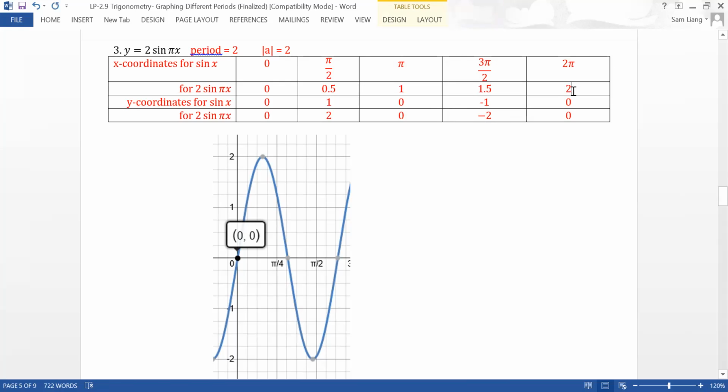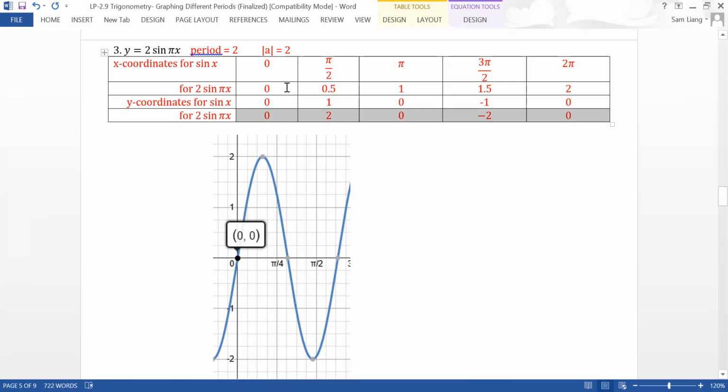Not those, not those. These, this row, and this row. Okay, so 0, 0 is our first point. Then we have 0.5, 2, which is here. And then we have 1, 0. Note that this is from Desmos, but you can even change the scaling to the numbers that you write.